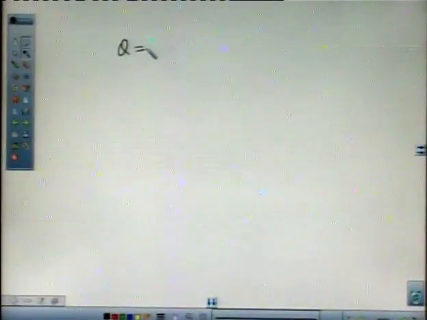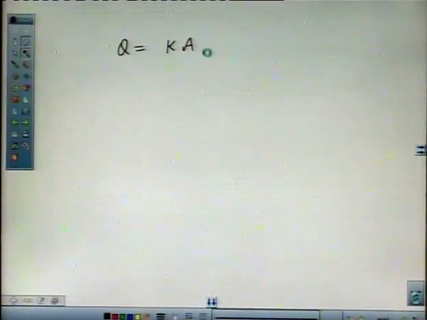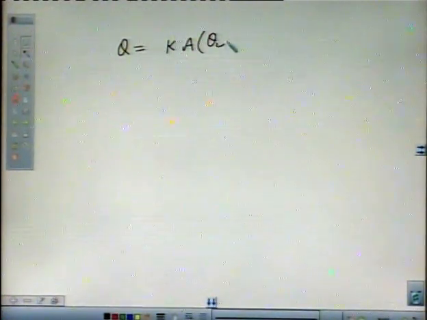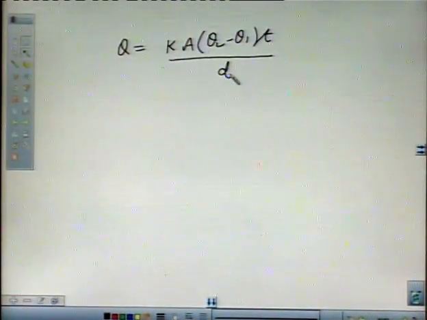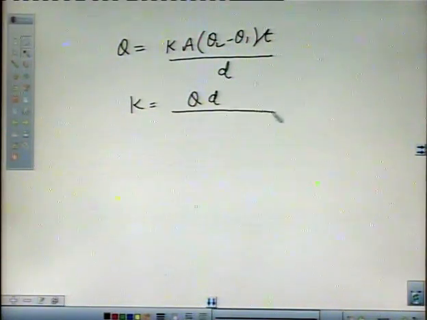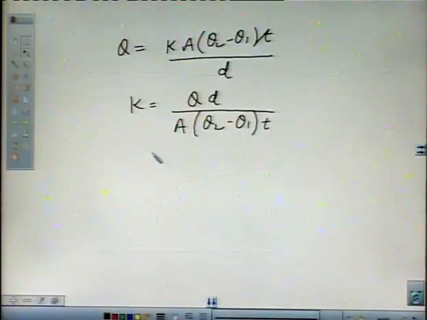So the amount of heat transferred Q is equal to K A (theta 2 minus theta 1) into T divided by D. K comes out to be equal to Q into D upon A (theta 2 minus theta 1) into T.